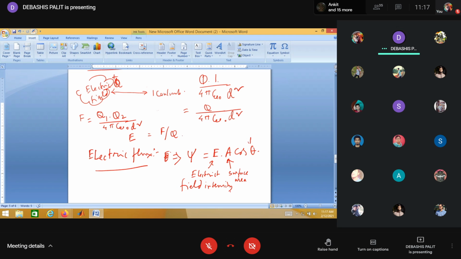And theta, that is the angle between the direction of electric field intensity and the normal to the area. That is a vector direction. Electric field must have magnitude as well as a direction.